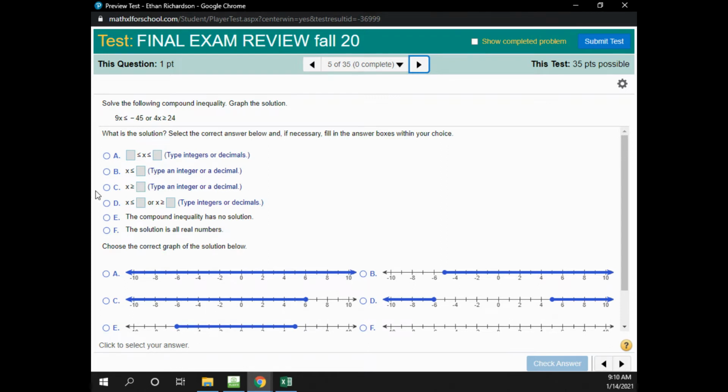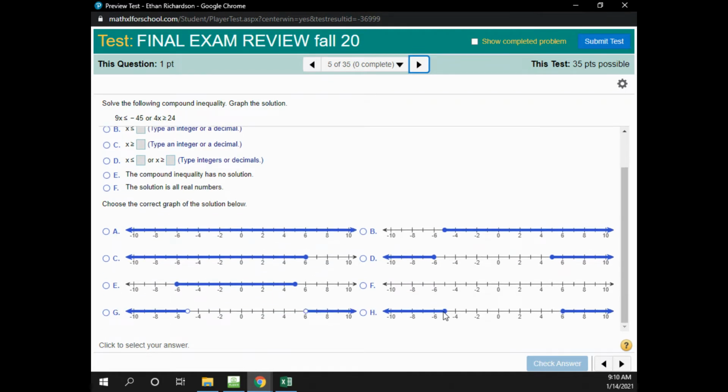So this one will wind up being D. And then if you go back to it, it's less than -5. Oh, there's more options. I'm going to say it's not there. There we go. So this one would be less than or equal to -5 and then greater than or equal to +6. So it would be D, and then fill in the -5 and the 6, and then the H for the multiple choice there.